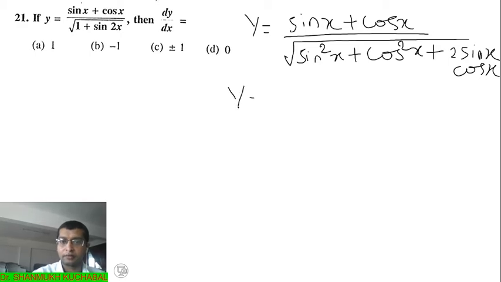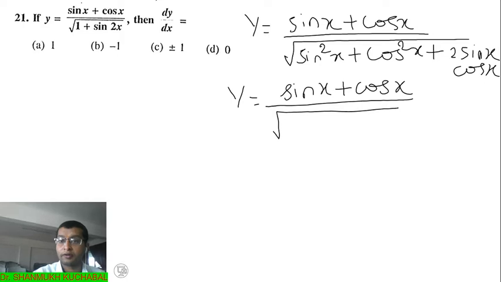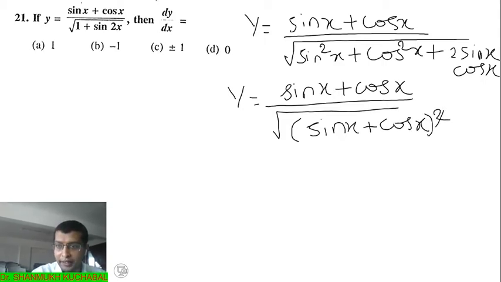So y equals (sin x plus cos x) divided by the square root of the denominator, which is of the form a square plus b square minus 2ab. Using this we can write it as (sin x plus cos x) whole square. Now square and square root get cancelled, so we get (sin x plus cos x) divided by (sin x plus cos x), both cancel, so the answer is 1.